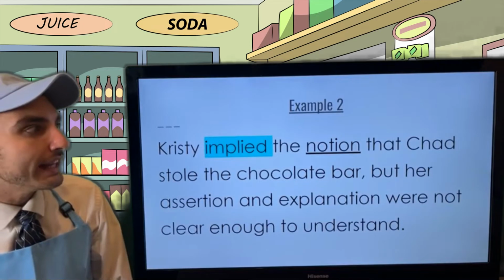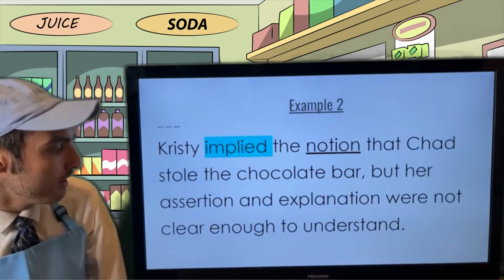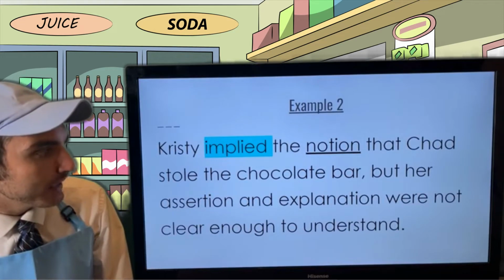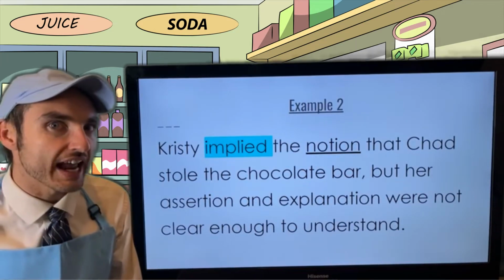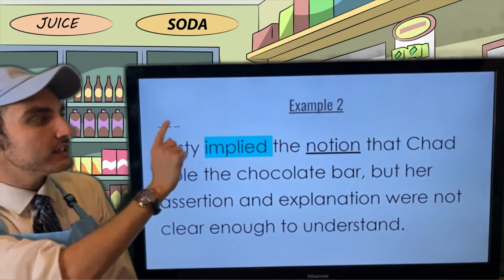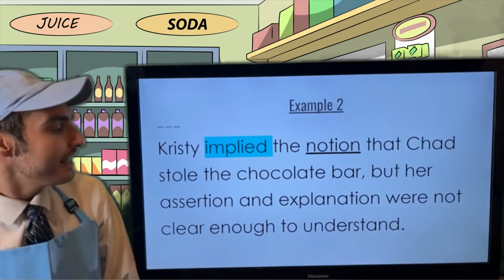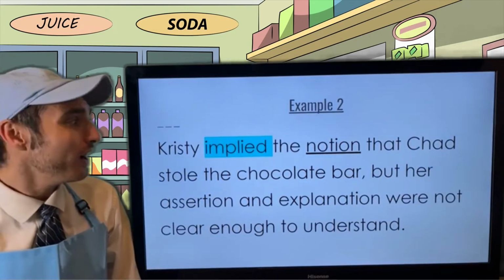Christy implied the notion that Chad stole the chocolate bar, but her assertion and explanation were not clear enough to understand. Christy! So Christy suggested the idea that Chad stole the chocolate bar. But guess what?